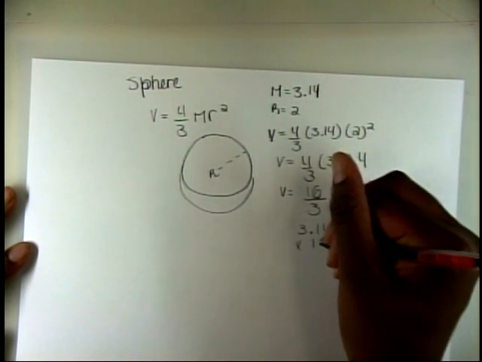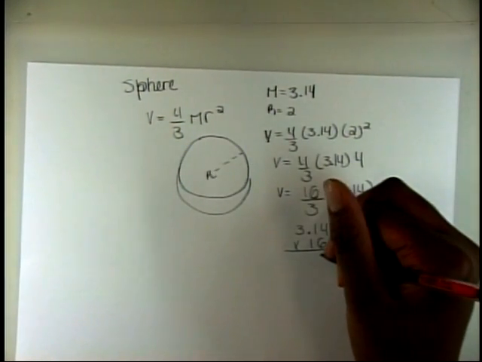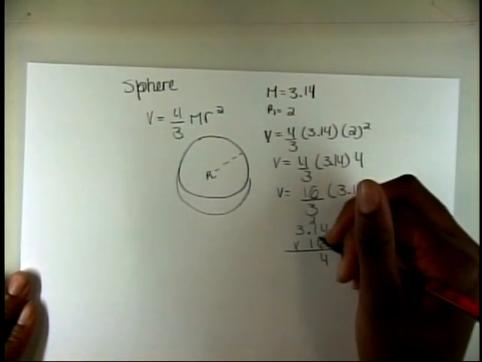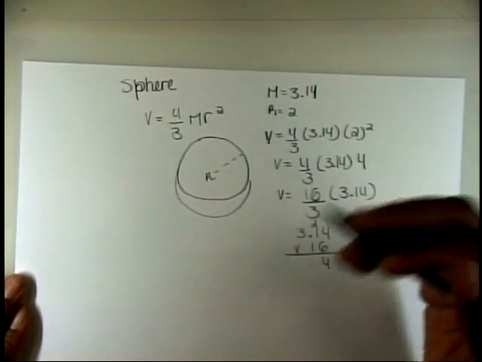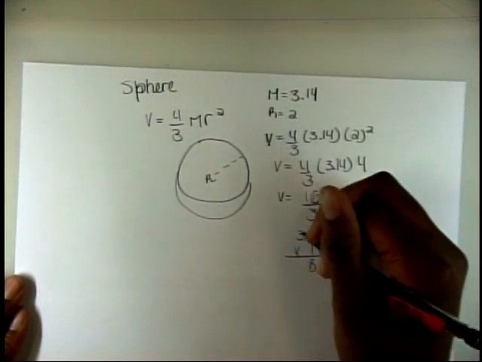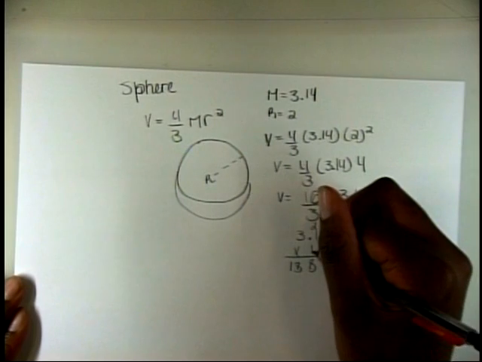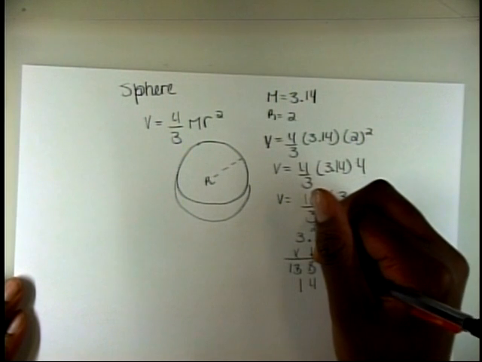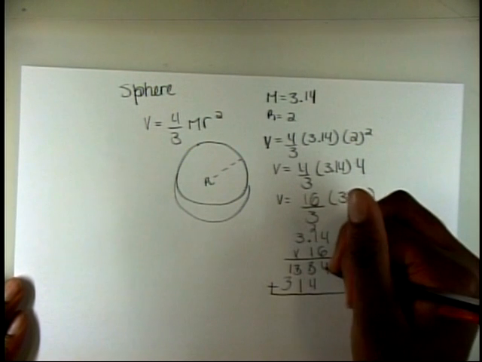If I multiply 3.14 times 16 to break it down, I would say 4 times 6, which is 24. Take my 2. 6 times 1, which is plus 2, which is 6, plus 2 is 7, 8, which is 8. 6 times 3 is 18. Then I say 1 times 4, which is 4. 1 times 1, which is 1. 1 times 3 is 3. So I come down here and I do my addition.